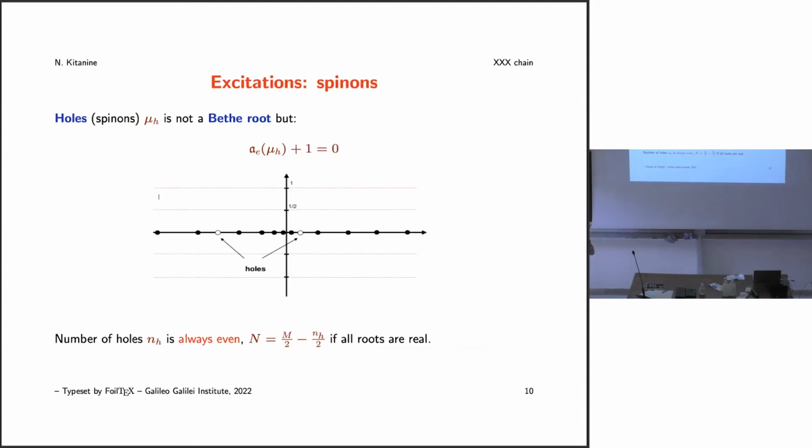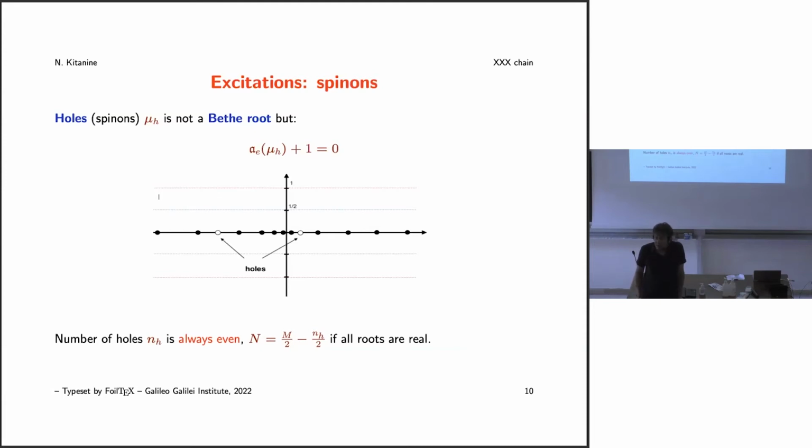So these will be simpler states, where there are no complex roots. But unfortunately, or maybe fortunately, because it's very interesting, in this spin chain, it's not like Lieb-Liniger. Here you can also have complex roots for the Bethe equations. And here there are problems, because usually when people consider Bethe roots or complex Bethe roots, they use the string hypothesis.